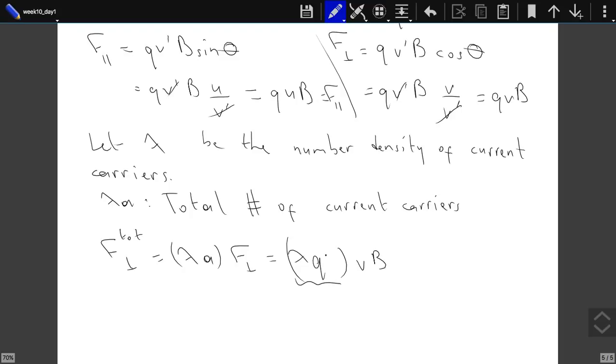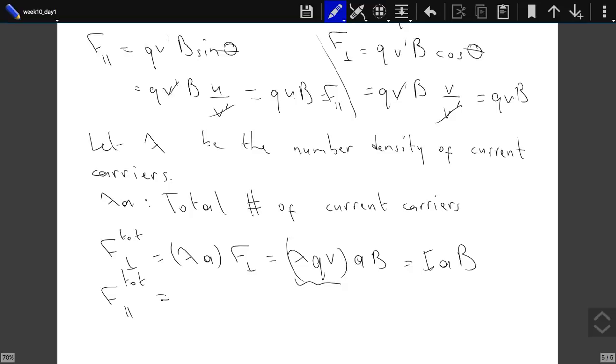Let me move V here. Lambda times Q is the total charge in motion. If I multiply the charge by its velocity, I get the current. So lambda times Q times V is nothing but my current. So this is I times A times B. This is the force that we already have.